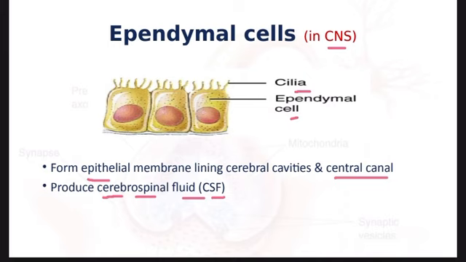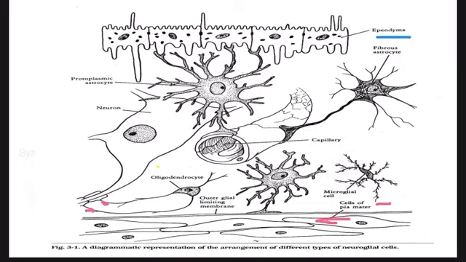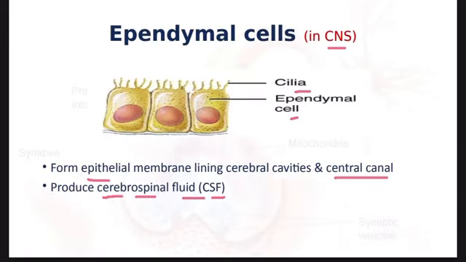So they are surrounding the cavities. You will see them later, where we find them in the ventricles and the spinal cord, inside the spinal cord or inside the ventricles. So they give CSF, which is the cerebrospinal fluid. You haven't studied it yet, but we will look at it later.